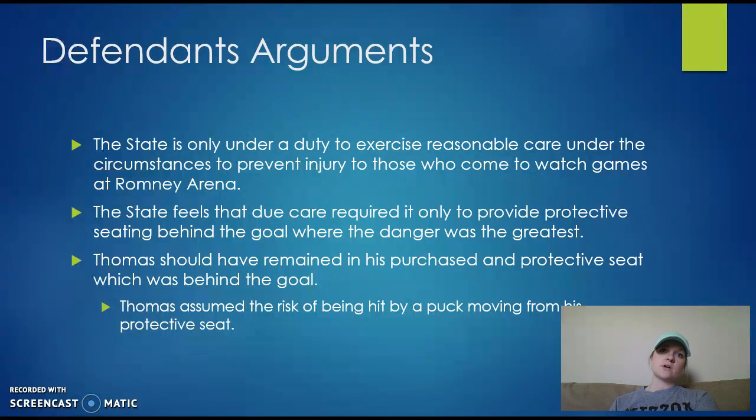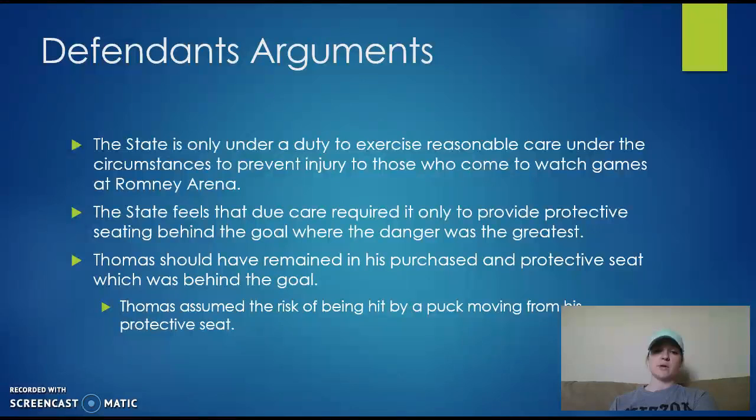The defendant's argument in this case is that the state is only under a duty to exercise reasonable care under the circumstances to prevent injuries to those who come to watch games at Romney Arena. The state felt that the due care required it only to provide protective seating behind the goal, where the danger was the greatest, and not everywhere around the arena.